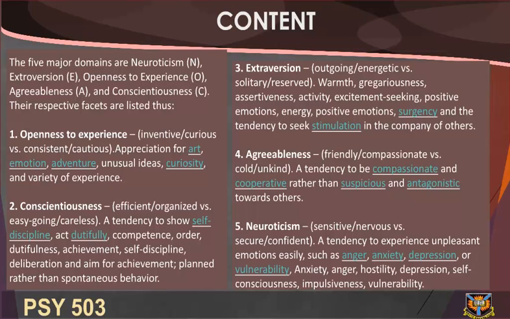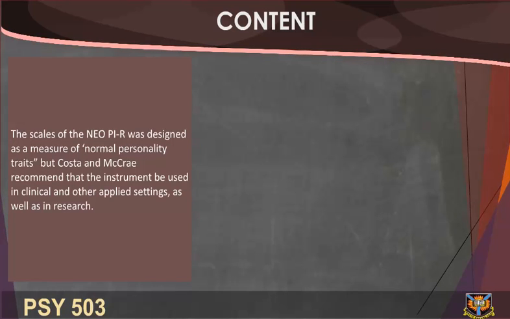Anxiety, anger, hostility, depression, self-consciousness, impulsiveness, vulnerability. The scales of the NEO-PI-R were designed as a measure of normal personality traits, but Costa and McCrae recommend that the instrument be used in clinical and other applied settings, as well as in research.